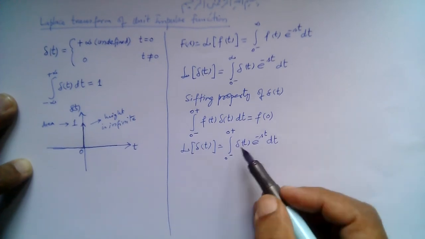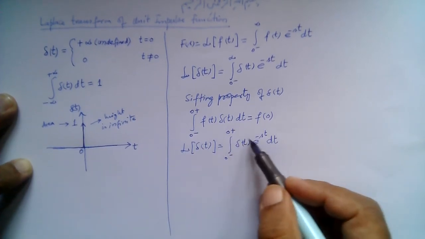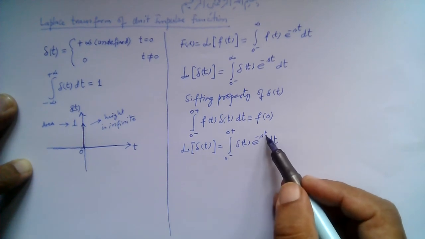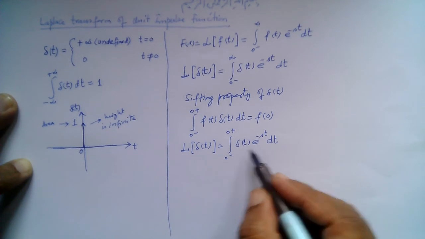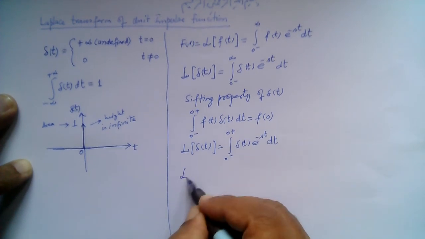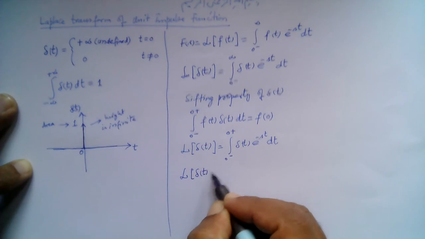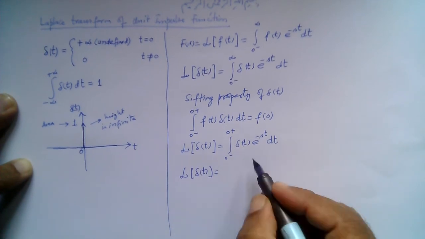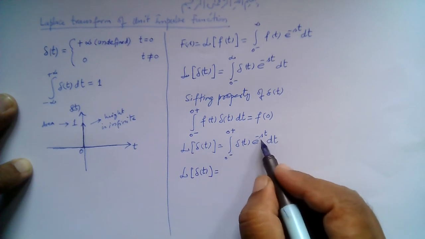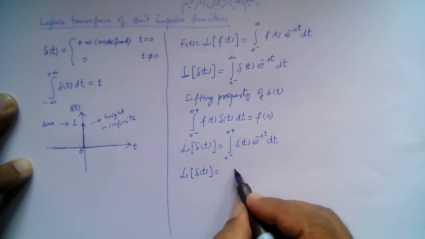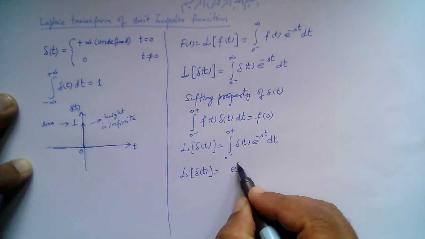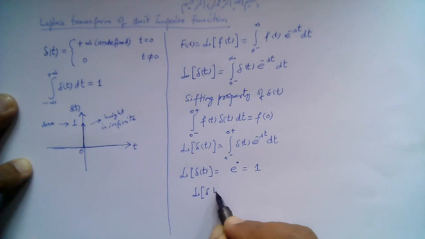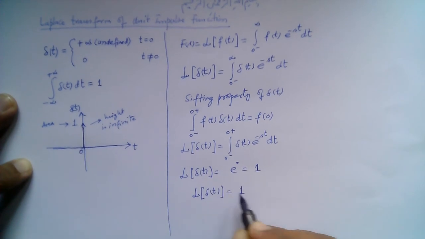If you compare it with here, this will give the value of this function at t is equal to 0, right? So we can simply write the Laplace transform of unit impulse function. The value of e raised to the power minus st at t is equal to 0 is e raised to the power 0, which is 1. So the Laplace transform of unit impulse function is 1.